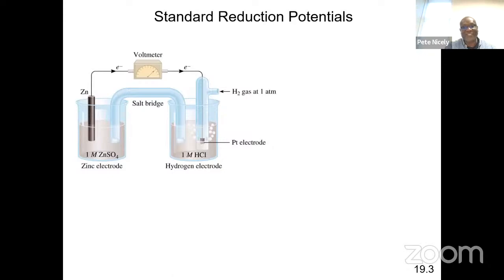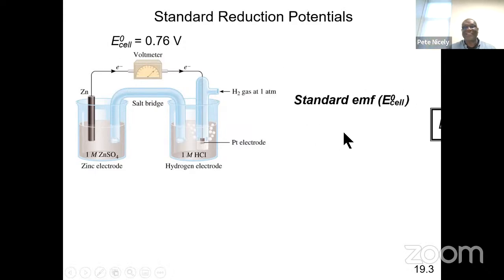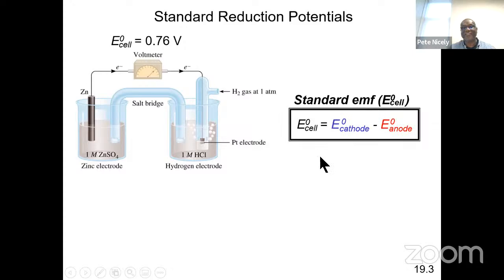In the case of this setup here, it was determined that the standard voltage would be 0.76 volts. That's a measurement. If you were to set this up and read off the measurement from the voltmeter, that is the standard voltage.